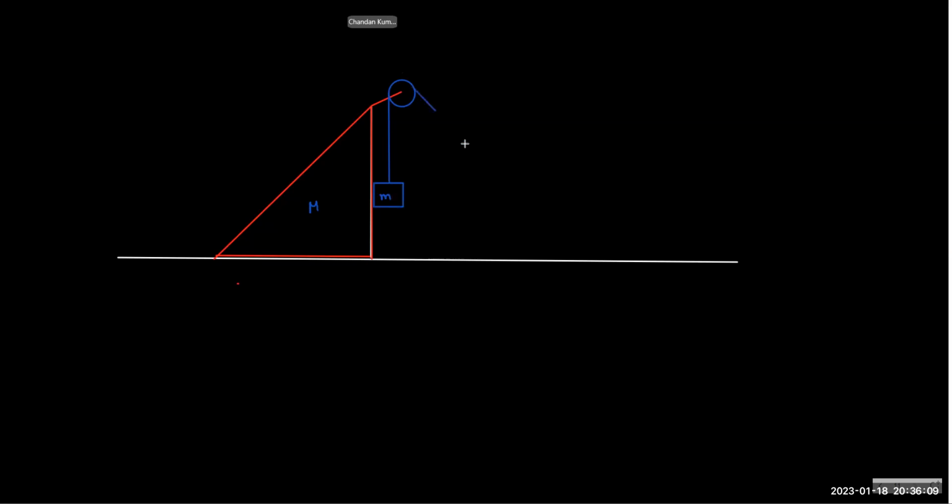This thread goes this way, connects to some other pulley, and goes back to the wedge again. But this pulley is kind of fixed. And the angle which is given is theta.